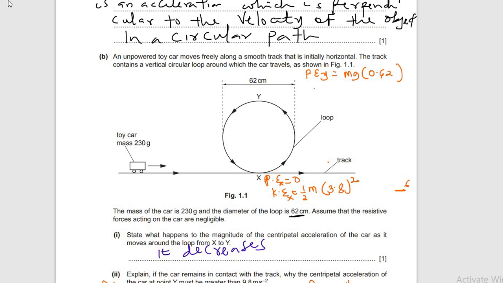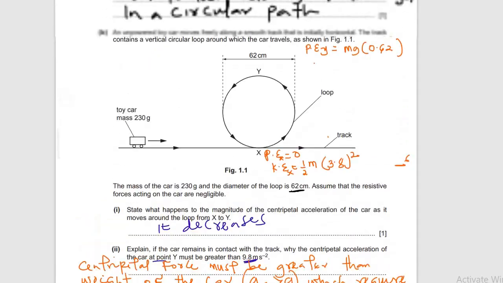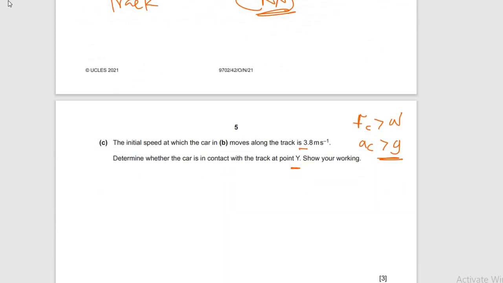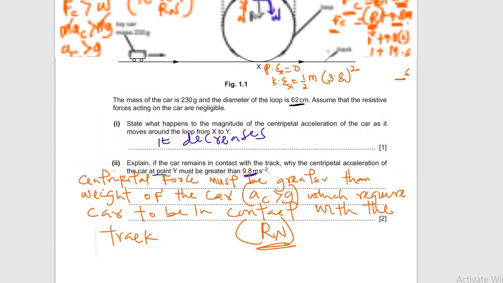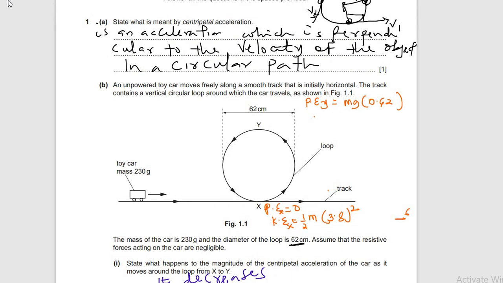The question said determine whether the car is in contact with point Y, which means the question assumed there to be a speed at Y. So there will be kinetic energy at Y, but it will be lesser compared to this one. So kinetic energy at Y is half m speed at Y squared, because it's required to get centripetal acceleration.